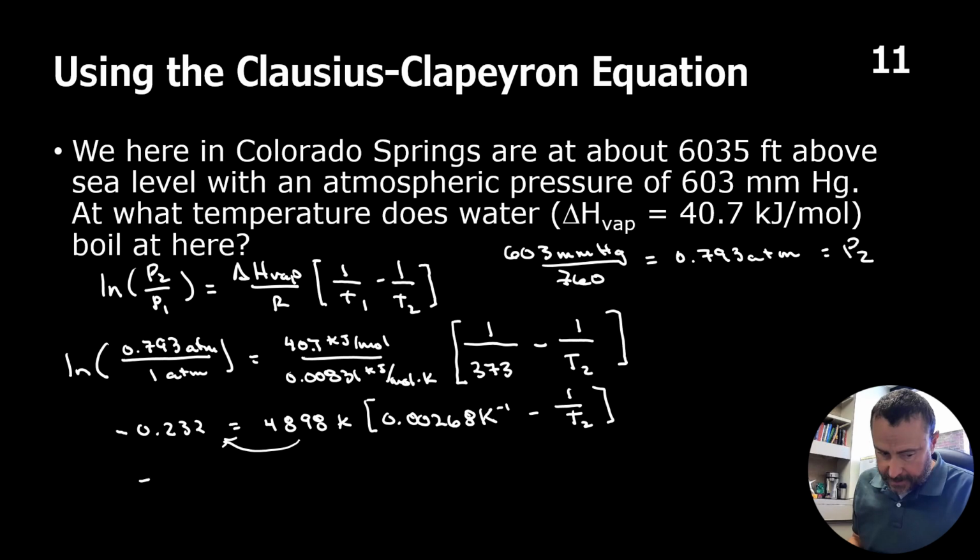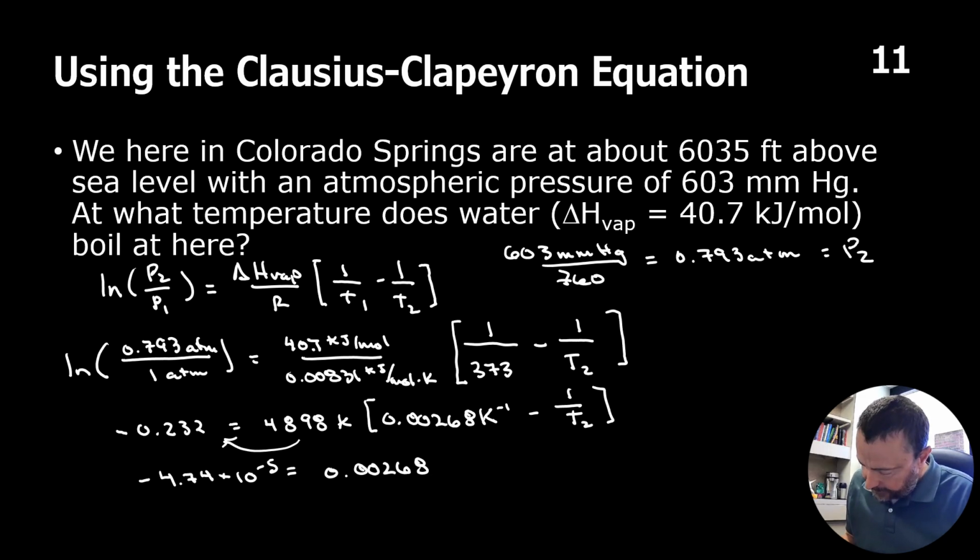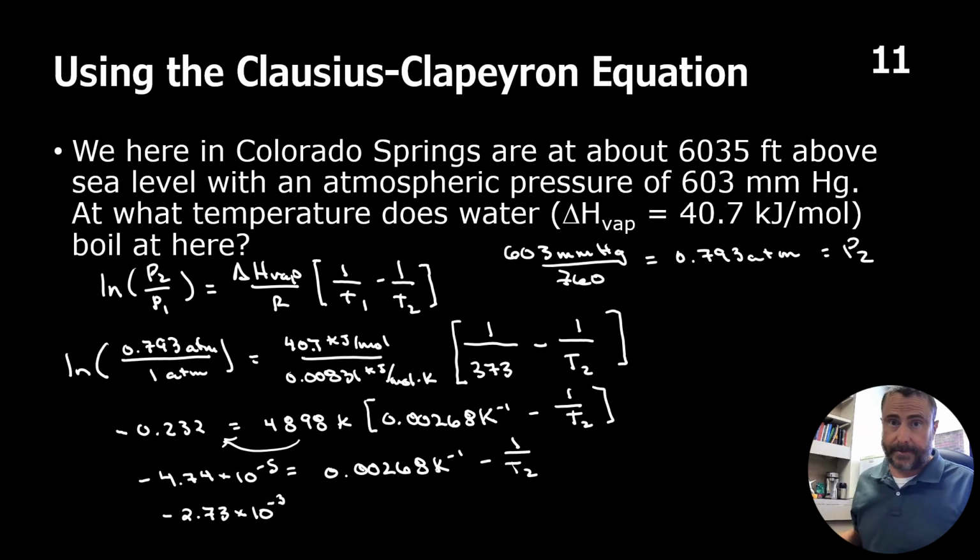Next, I'm going to move that over by dividing through. I get negative 4.74 times 10 to the minus 5th is equal to 0.00268 minus 1 over T2. Now I'm going to move that over to the other side by subtracting. Negative 2.73 times 10 to the minus 3rd is equal to negative 1 over T2. Lots of algebra skills here.